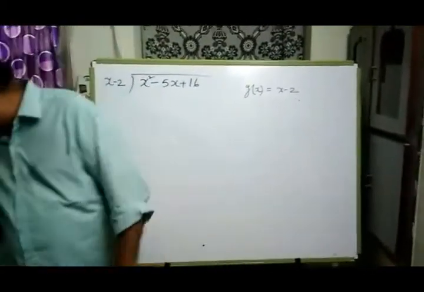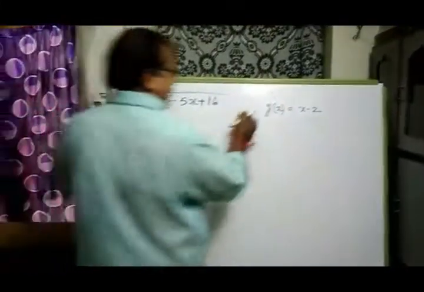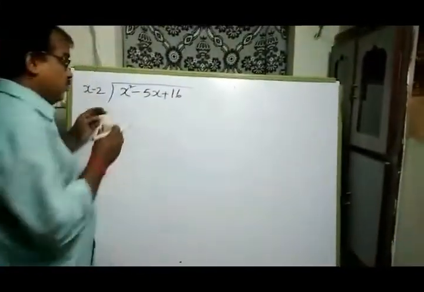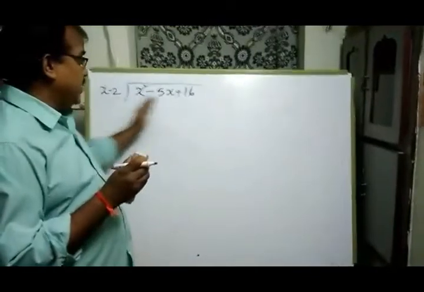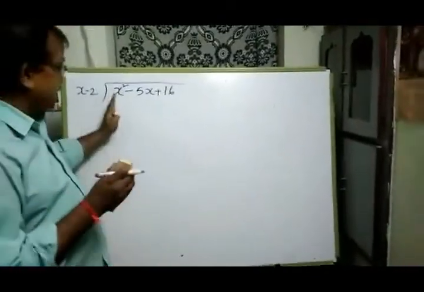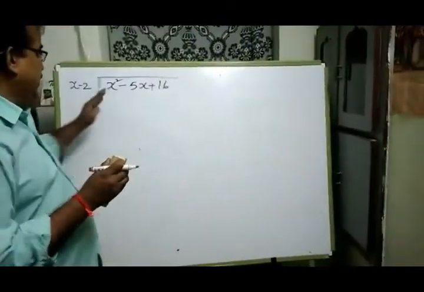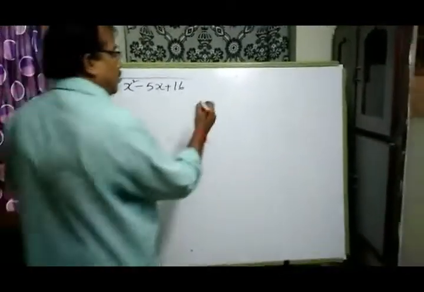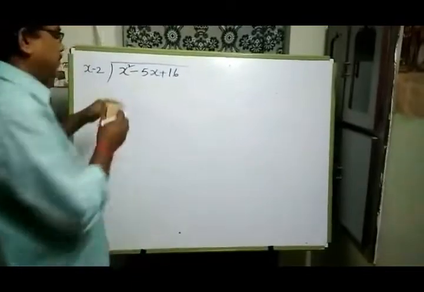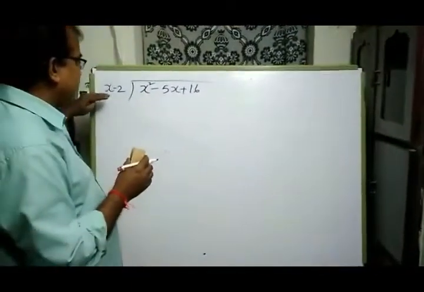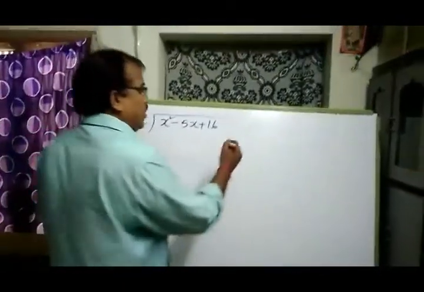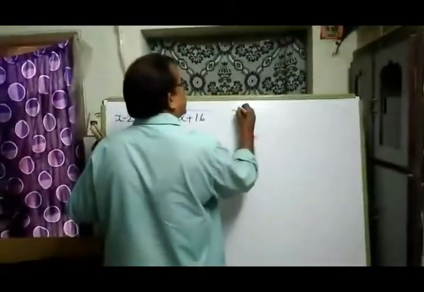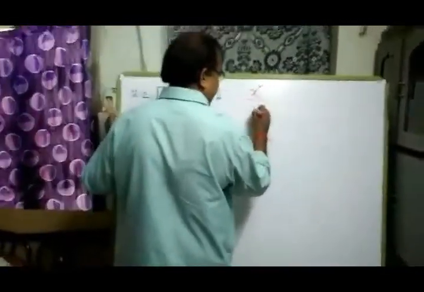First of all, what is the first step? It should be in standard form, descending order. You have to check. Yes, the dividend is in standard form and the divisor is in standard form. Now, the first term of the dividend by the first term of the divisor: x square by x.